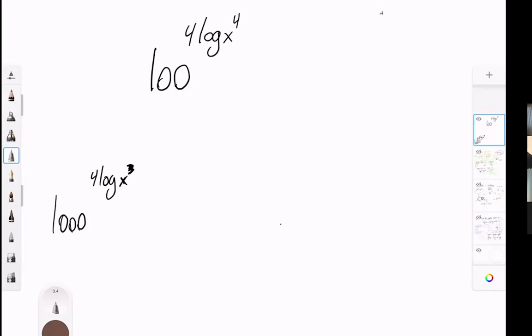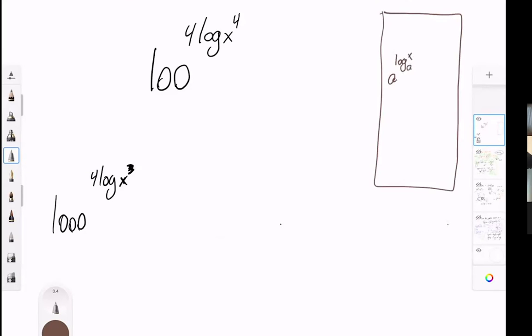But if you look at the properties of log in your note sheet, only one of them has a to the power of log of x base a. Only one of them has log as an exponent. We have addition becoming multiplication, subtraction becoming division, and the first one makes a equal to b to the power of c.